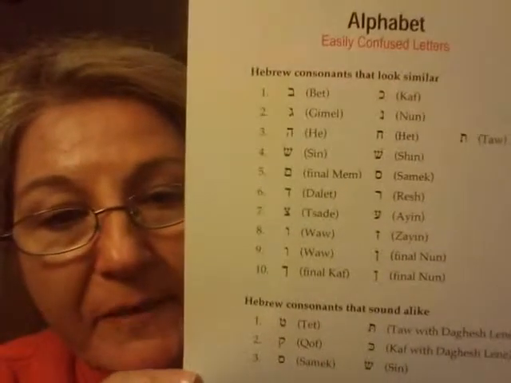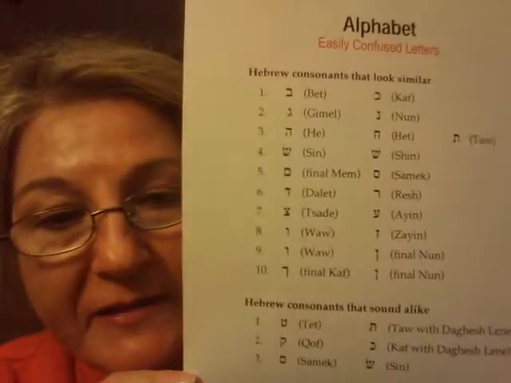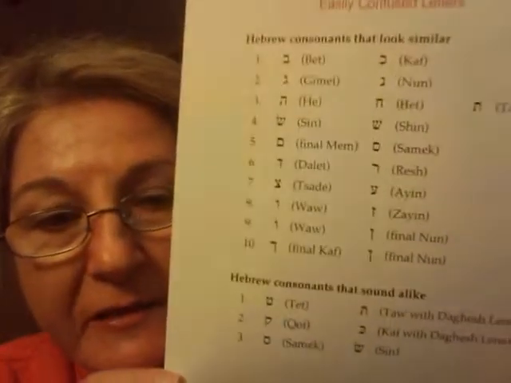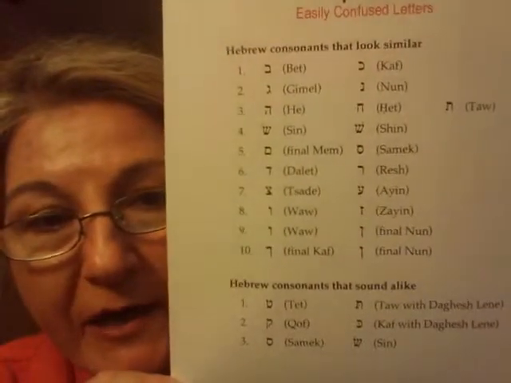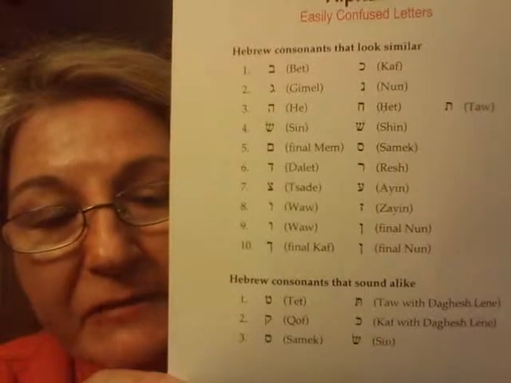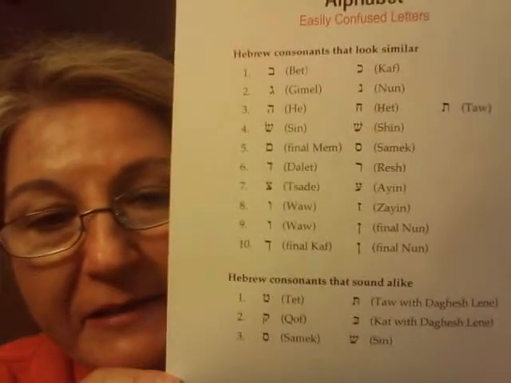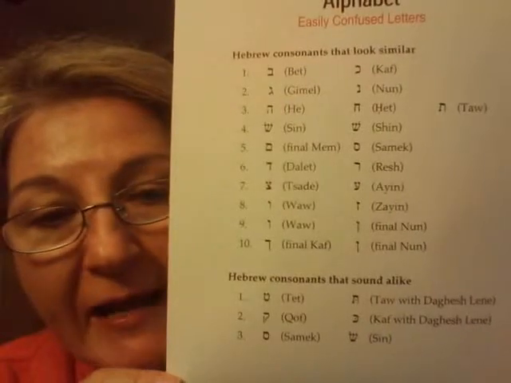And then the final mem and a samekh. The final mem is squared off and the samekh is rounded. The dalet is squared and the resh is rounded. The tsade has that sharp 90-degree angle at the bottom and the ayin does not. Then the vav and the zayin.